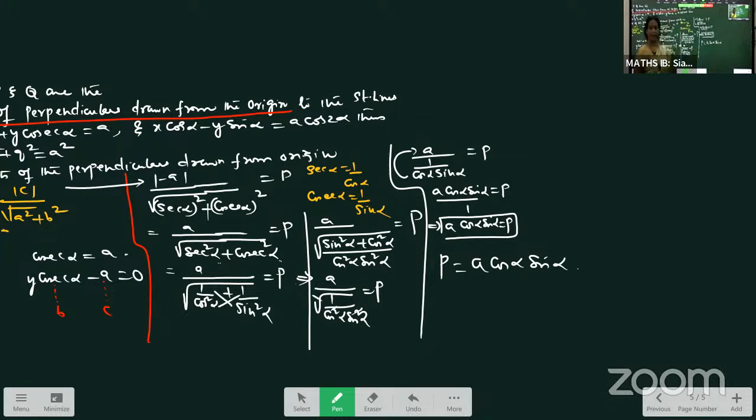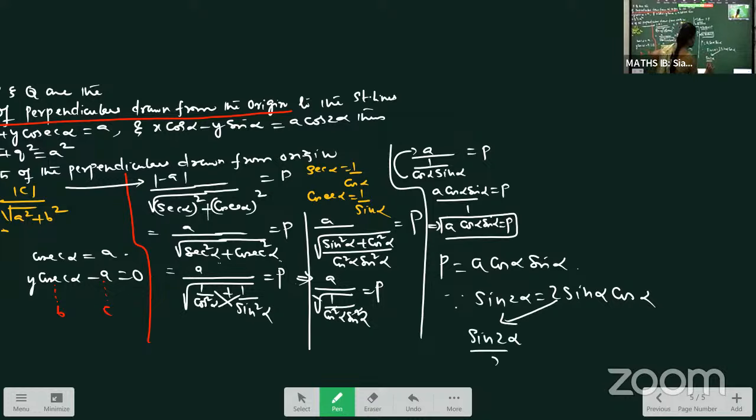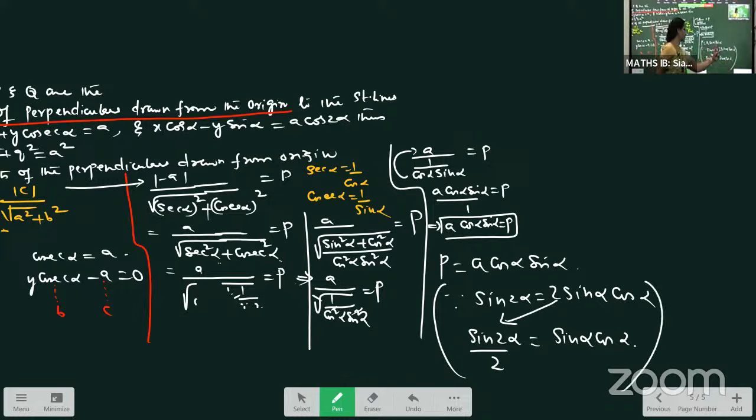Now here we have a formula that sin 2 alpha is nothing but 2 sin alpha cos alpha. But I have only sin alpha and cos alpha, so get this one down. Then sin 2 alpha by 2 is nothing but sin alpha cos alpha. So instead of cos alpha sin alpha, I can write sin 2 alpha by 2.